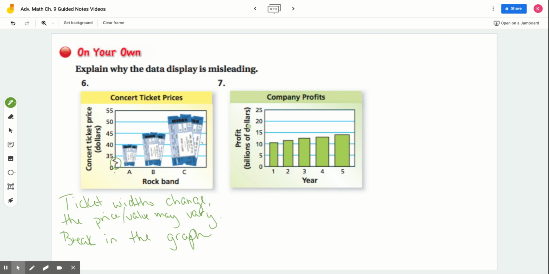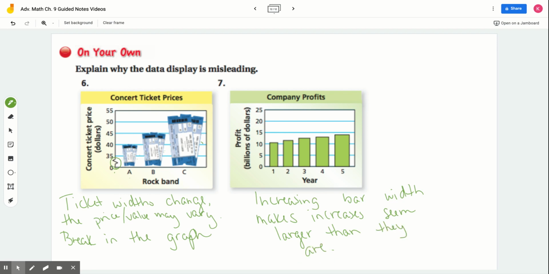So we can say that increasing bar width makes increases seem larger than they are. So it's a way to trick your mind.